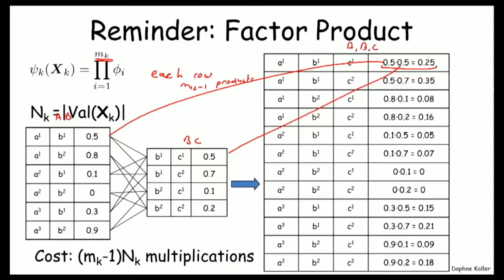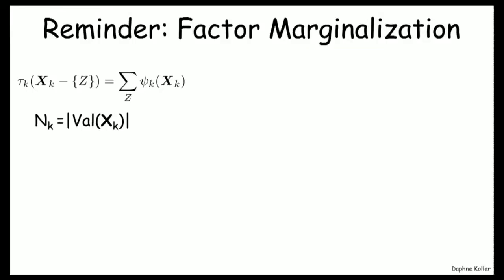And so total, we get mk minus 1 times nk multiplications. Now let's look at the factor marginalization.